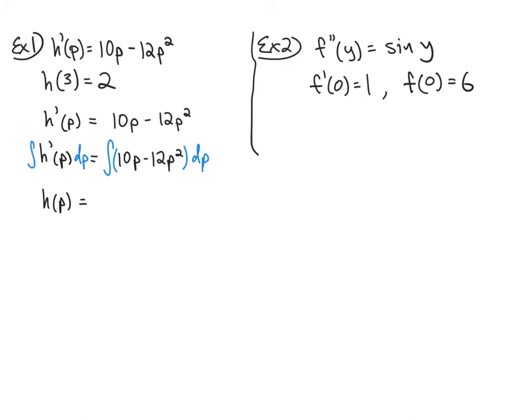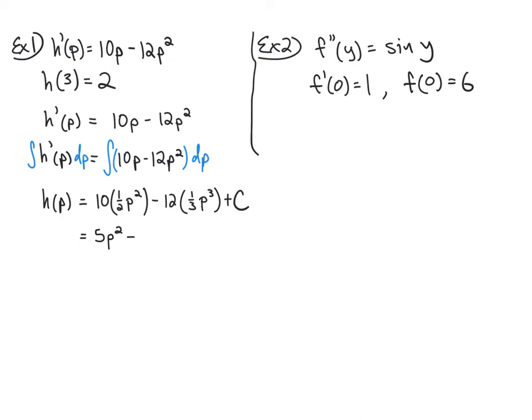An antiderivative and a derivative are inverse operations, so this antiderivative will get rid of the derivative and just give us the original function. On the right-hand side, we can say we've got 10p squared times 1/2, which is the reciprocal of that new exponent, minus 12 times 1/3 p to the third power plus c.